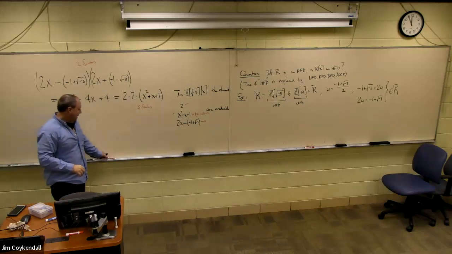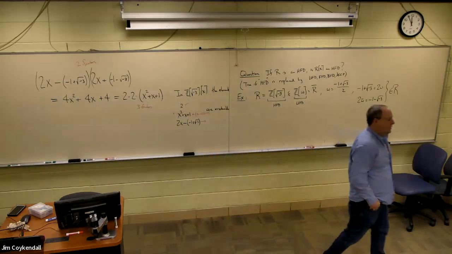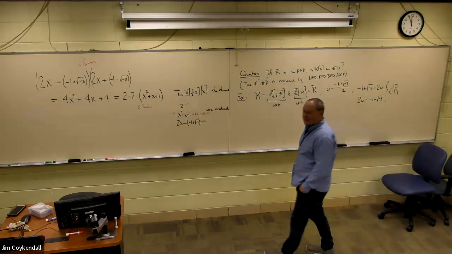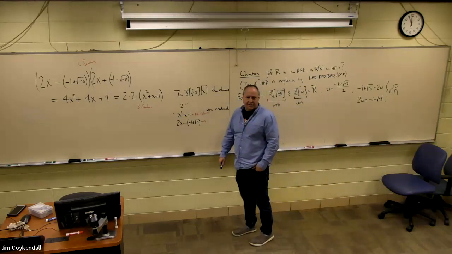So this is a dramatic example to show that even though the coefficient ring can have the half factorial property, it might fail for the polynomial ring. Can anybody identify what it looks like makes this fail? I could have reconciled some of the stuff if omega had been in the coefficient ring, right?